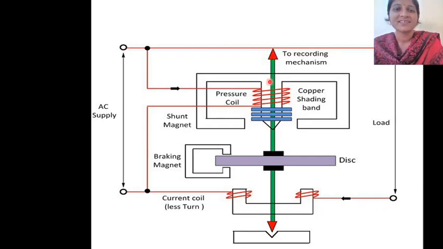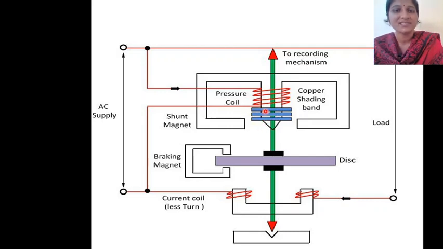Now, one main condition is that you always need to maintain the angle between the pressure coil flux phi p and the supply voltage at 90 degrees. The phase angle between the pressure coil flux and the pressure coil voltage should be maintained at 90 degrees. To maintain this, you should always use these three shading magnets.